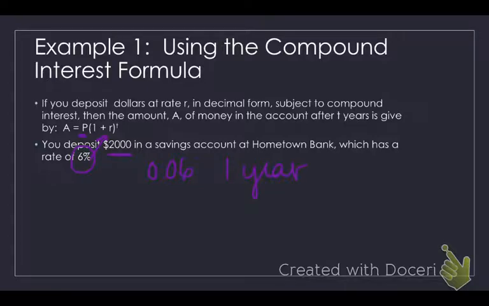So we're going to plug it in. Our future value, A, equals our principal amount, $2,000, times (1 plus 0.06) raised to the power of 1. So after 1 year, order of operations says we do what's in parentheses first, so we're going to add these together.